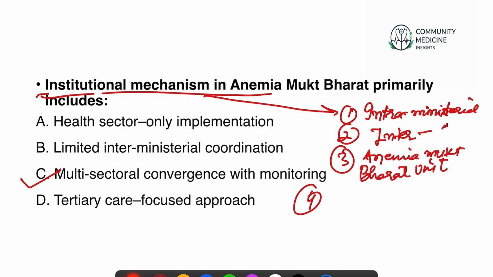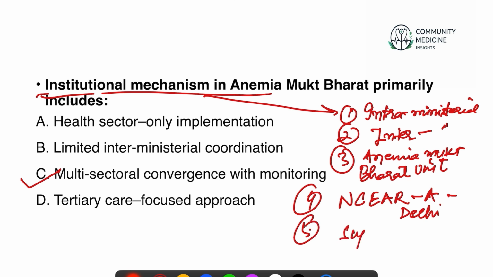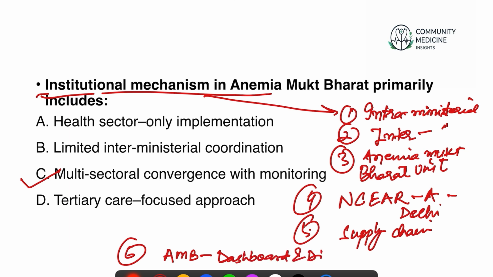Then fourth is National Center of Excellence and Advanced Research on Anemia Control, that is located in AIIMS, Delhi. Fifth is the strengthening of supply chain and logistics. And then sixth is Anemia Mukt Bharat dashboard and digital portal.